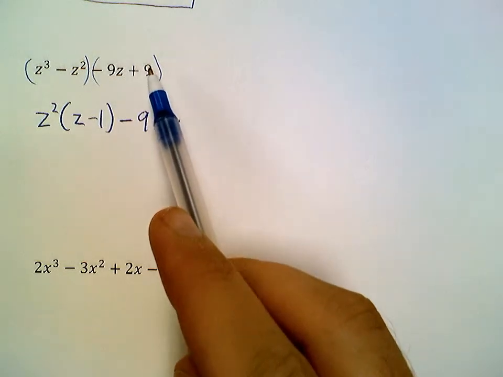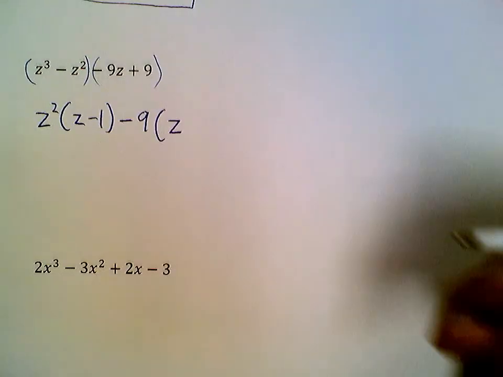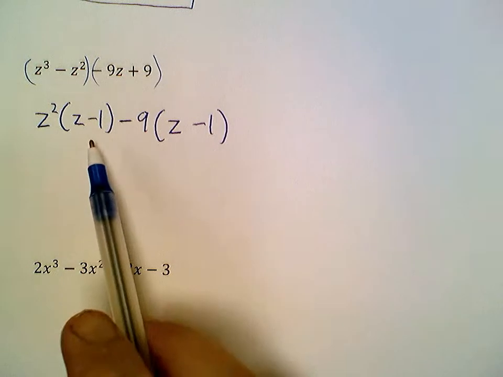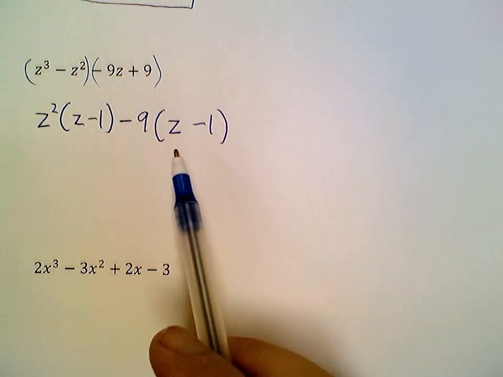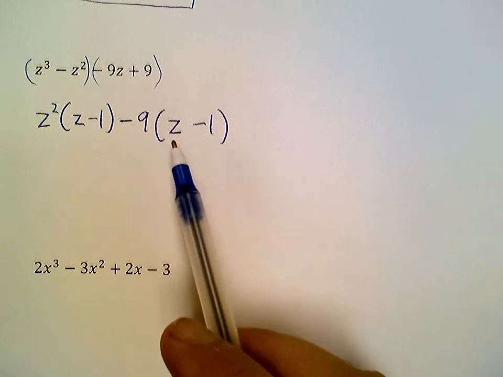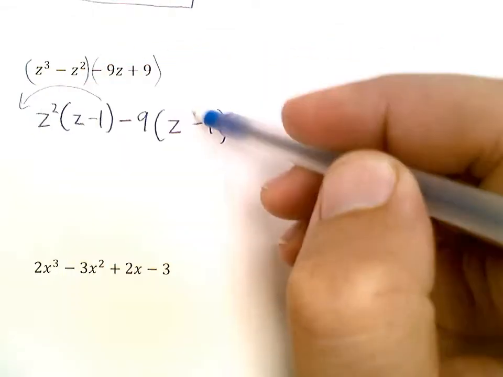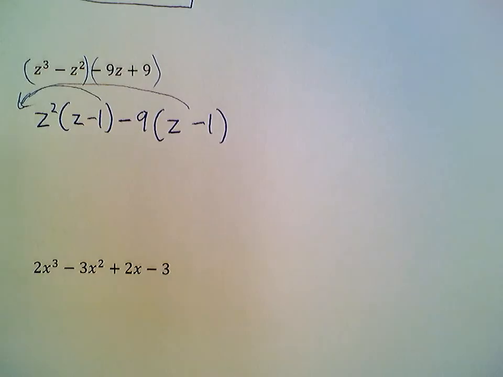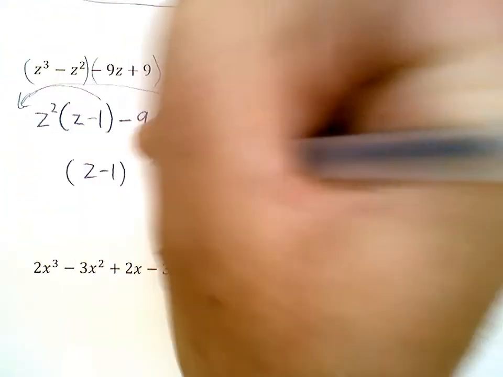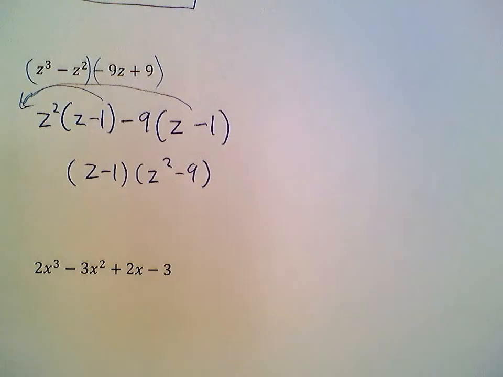Positive 9 divided by negative 9 is minus 1. So now these parentheses match up, where they wouldn't have matched if I'd taken out a positive 9. I would have had a negative z plus 1. So now I can factor out z minus 1, and I'm left with z minus 1 times z squared minus 9.